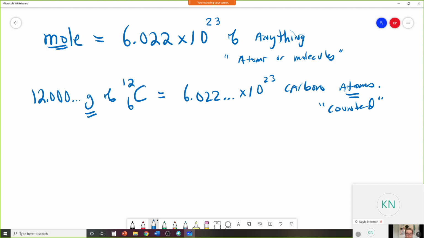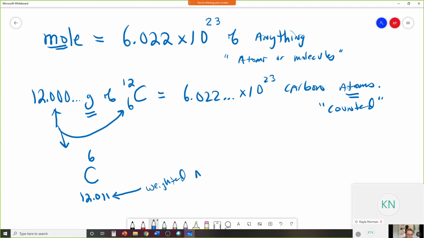Now, because we did this with the 12 grams of carbon 12, if you look on your periodic table, you will see for carbon a number like this. And I told you the other day that this was the weighted average of all the isotopes of carbon, most of them being carbon 12.